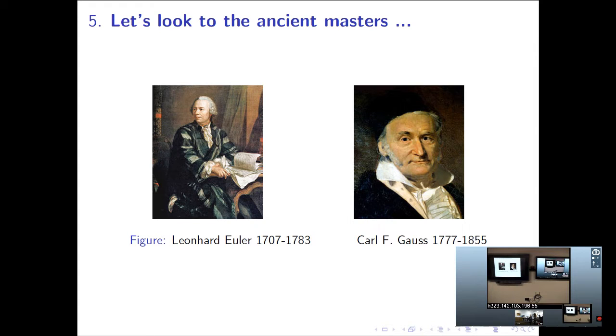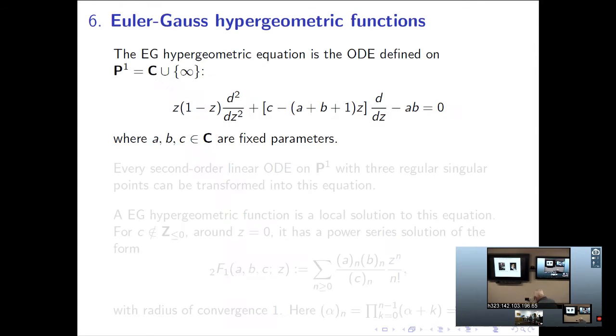So what we're going to consider will be called hypergeometric functions. There's a so-called Euler-Gauss hypergeometric function, which is defined to be a solution to this particular second-order linear differential equation, where A, B, C are fixed complex parameters, and the equation is defined on P1.